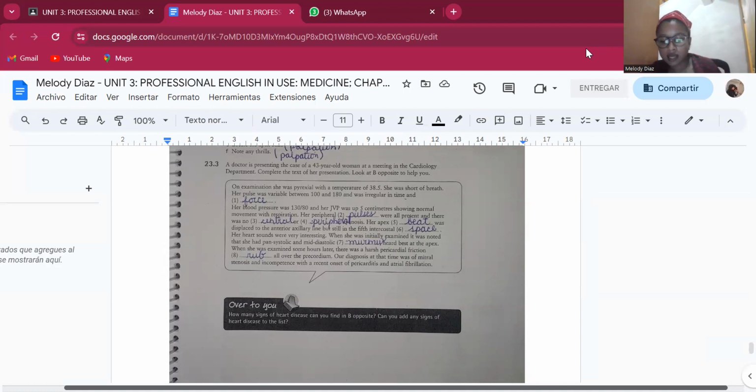When she was examined some hours later, there was a harsh pericardial friction rub all over the precordium. Our diagnosis at that time was mitral stenosis and incompetence with a recent onset of pericarditis and atrial fibrillation.